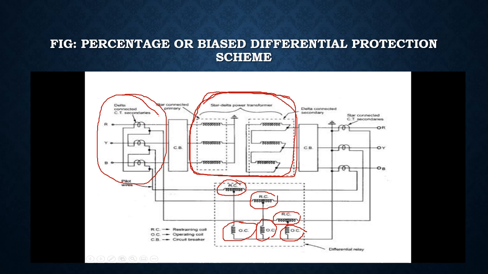Right, now we will see how this protection scheme protects the power transformer from internal faults like phase to phase faults and phase to earth faults. During normal operating conditions, that means there is no fault in the system, the secondaries of CTs carry identical currents.